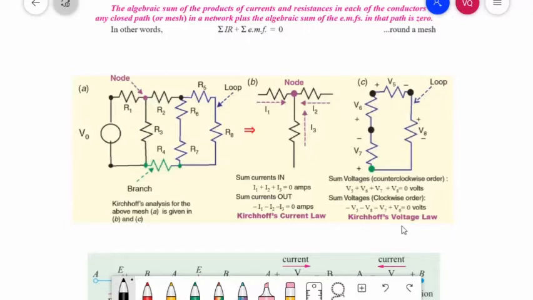In Kirchhoff's voltage law, we will take one loop, for example this loop. If we take a loop at this point, we will have a voltage drop at R5, which is V5, voltage drop at R6, which is V6, R7, which is V7, and R8, which is V8.